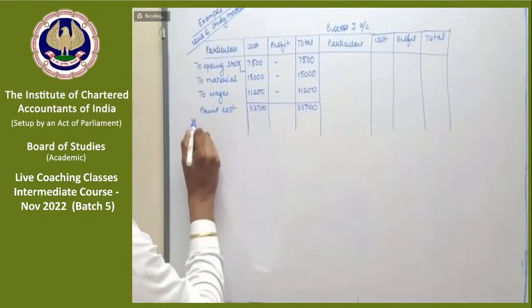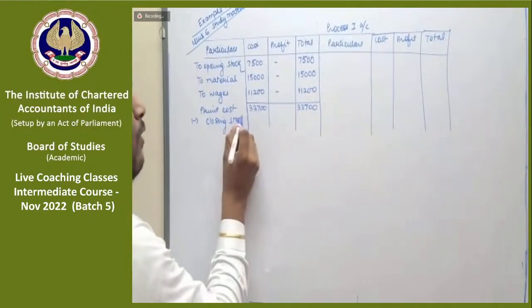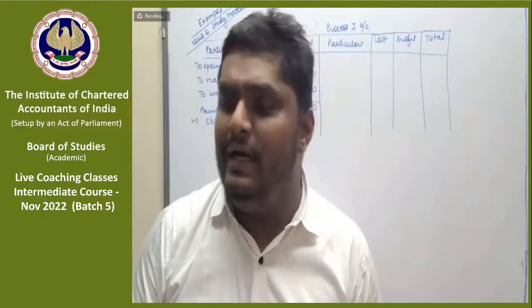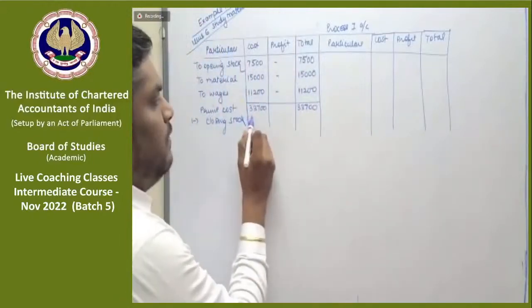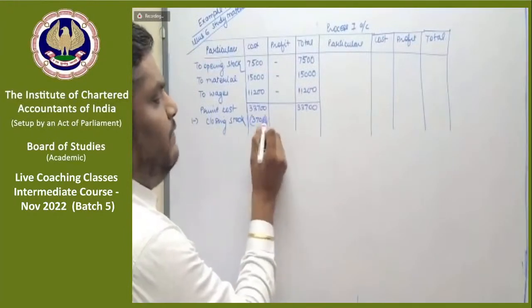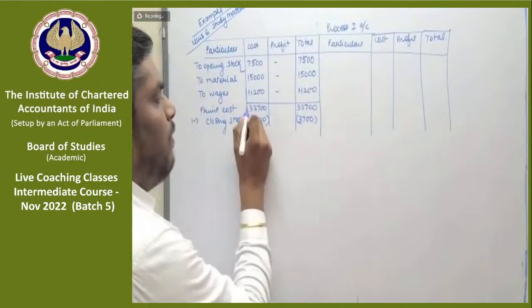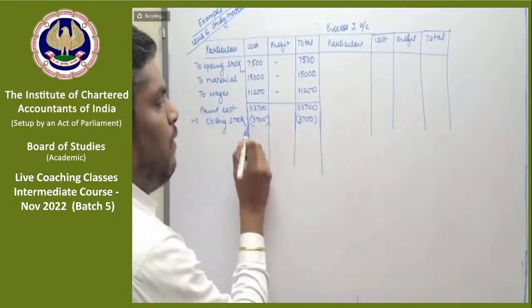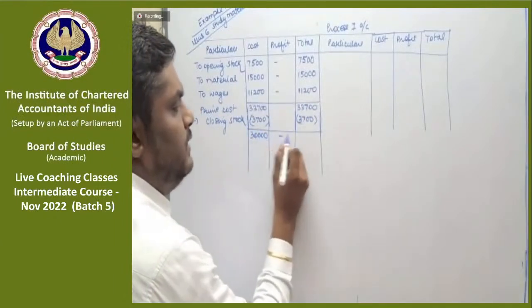In this we will deduct closing stock. Alternatively, you can show closing stock on the credit side of the process account. Both the approaches are correct. So 3,700 will be deducted. So 30,000 and 30,000.